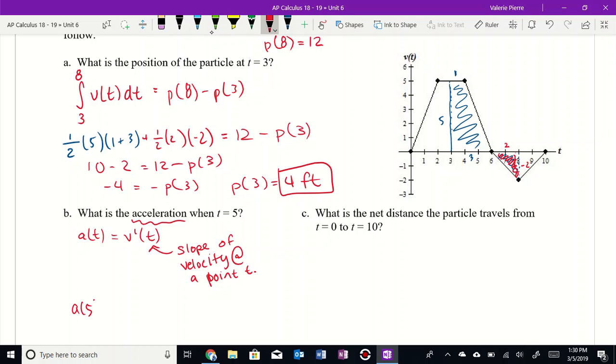So a of 5 is equal to our slope at 5. So if we go to 5, 5 is on this line, and the slope of this line is, I can't make a straight line. Slope of this line is about -5 over 2.